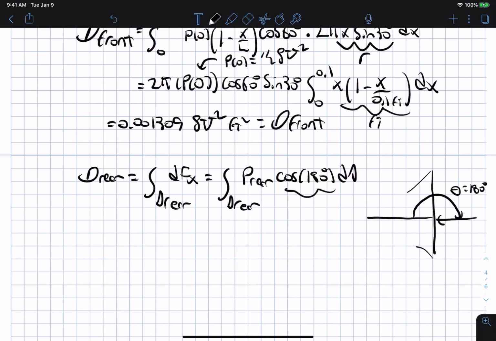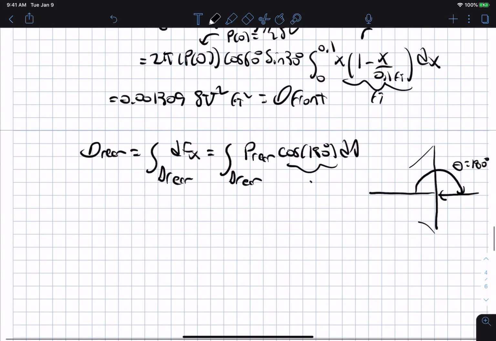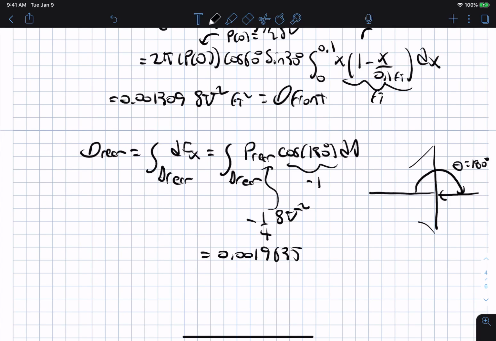Okay, and so P rear equals minus 1/4 rho u squared. Since that's constant, you can pull that out. And if you stick in the numbers, the minus 1/4 times minus 1, you will get 0.0019635 rho u squared, multiplied by feet squared.